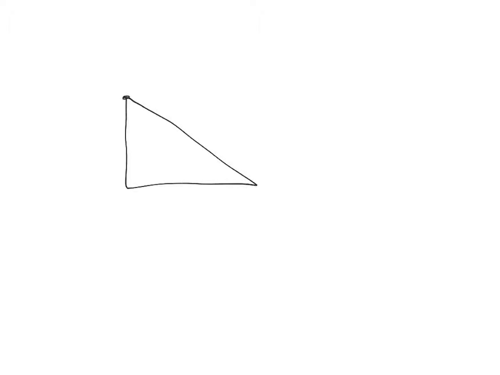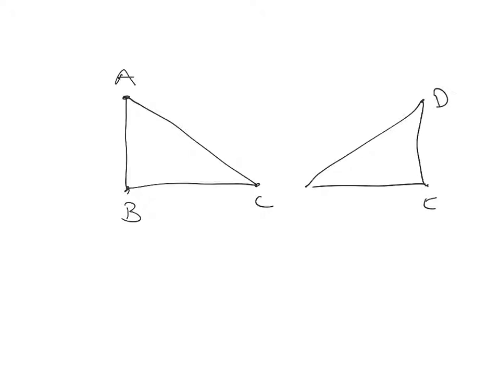If I have triangle A, B, C, and D, E, F, I can use angle A, angle B, and side C, if I have angle D, angle E, and side F. And this one is called angle, angle, side, in that order.